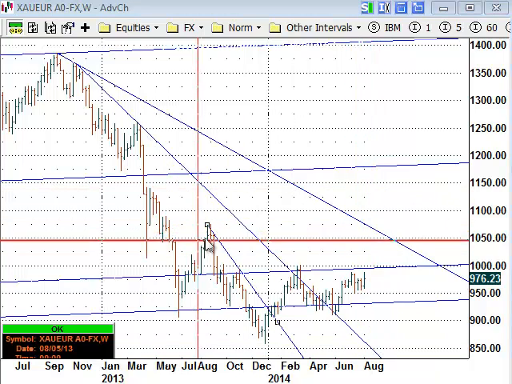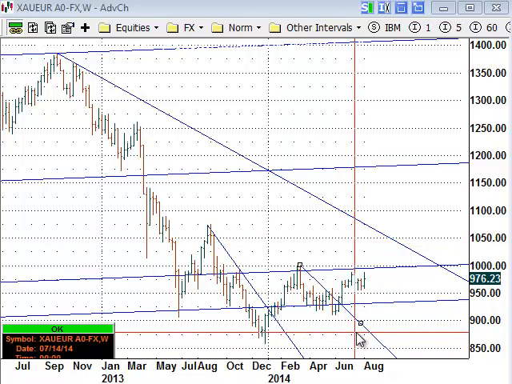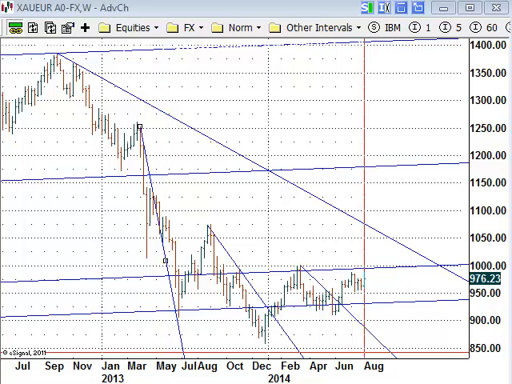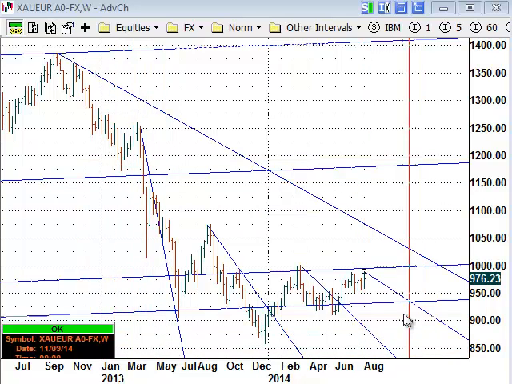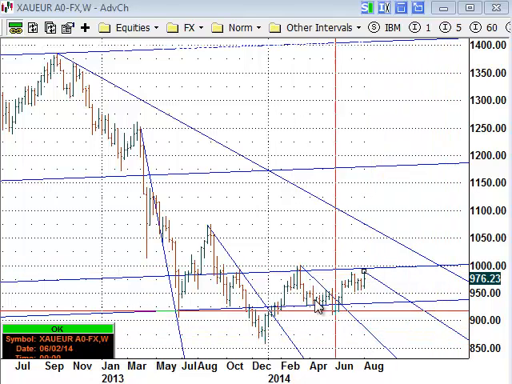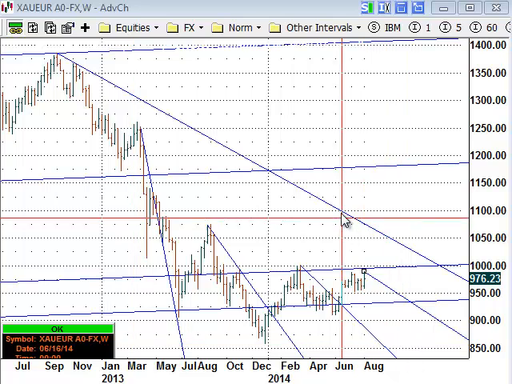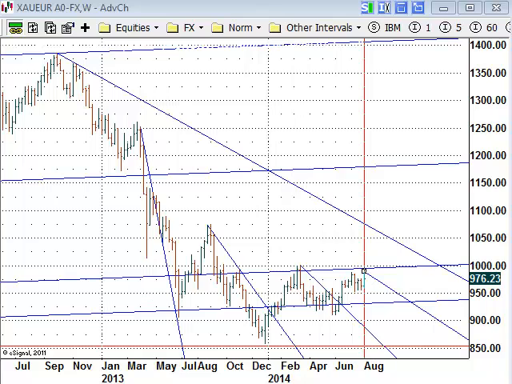And here's our first descent, and the second one is now in place. There's the third, and the next one can be characterized like that. So overhead resistance a little bit closer than that big distant trend line can be obtained.